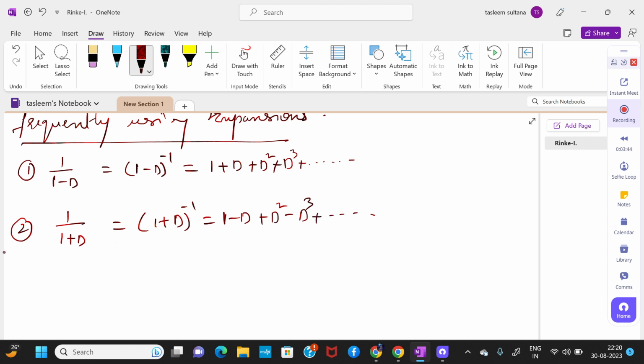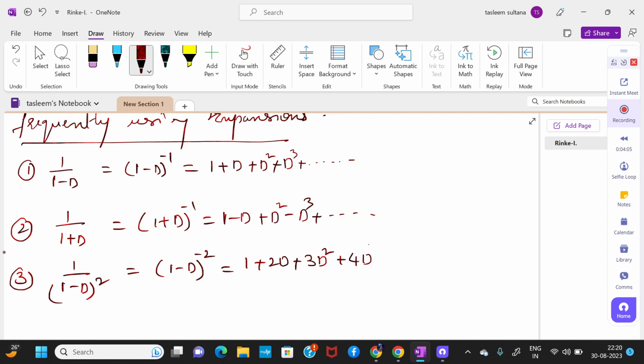Next, the third one is 1 divided by 1 minus D whole square, which is equal to 1 minus D whole to the power of minus 2, which is equal to 1 plus 2D plus 3D square plus 4D cube plus and so on.